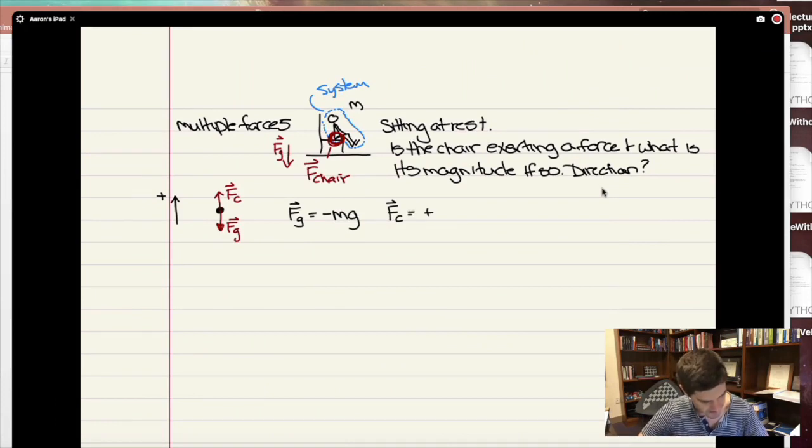I'm going to assume it's positive, and I'm just going to say it's F, at some value I don't know. But maybe we could figure it out. It's assumed in this case that I know m and I know g. But I'm giving a minus sign and a plus sign specifically here to tell myself which direction these forces are pointing in.